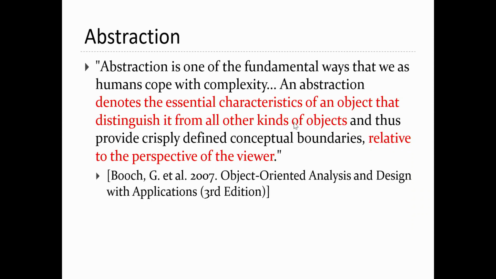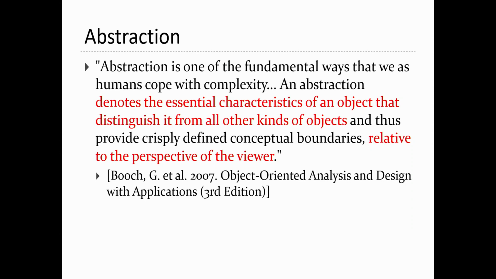Okay, so what does that mean? Well, let's think about the string class. The string class is an abstraction of a sequence of characters. All of your string operations live inside that string class. A string is different than a list.